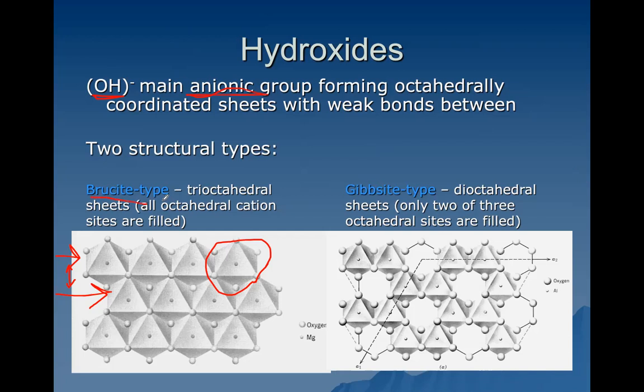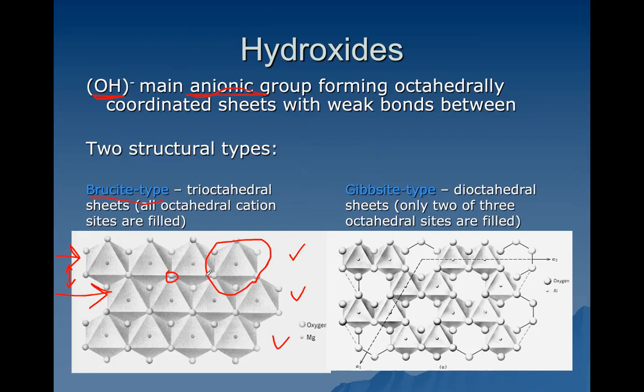One is called brucite type, where trioctahedral sheets are there. That means all three octahedral sites are filled. In this octahedron, you have an oxygen atom here, which acts as a bonding agent in between, so we call this a bridging oxygen.